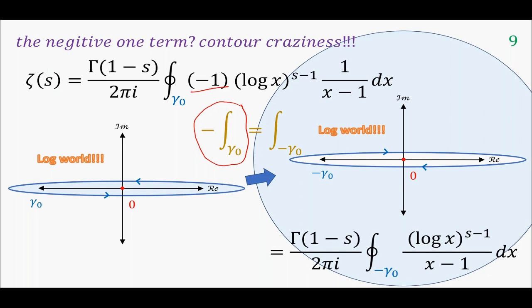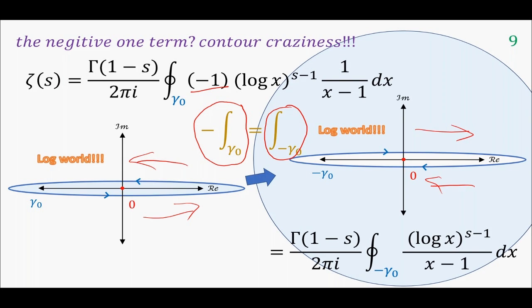If we just make that negative and reverse the direction that we move around the contour into a clockwise direction, then it gets rid of the negative sign. And also, so now instead of going this way, counterclockwise, now we're going in clockwise direction.